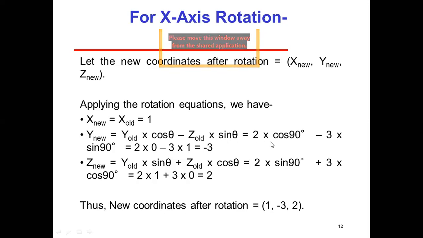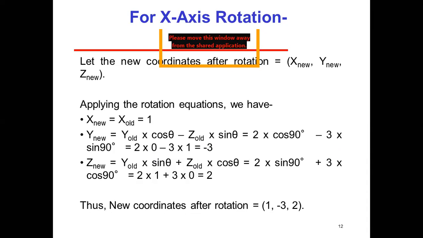Putting in y old as 2, cos 90 degrees, minus z old, given as 3, into sin 90, it will come to minus 3. So x new is equal to 1, y new is equal to minus 3.